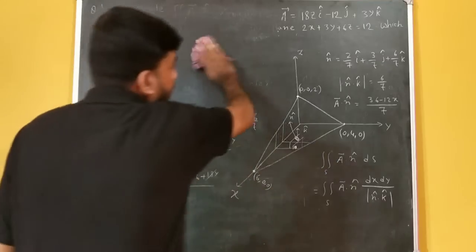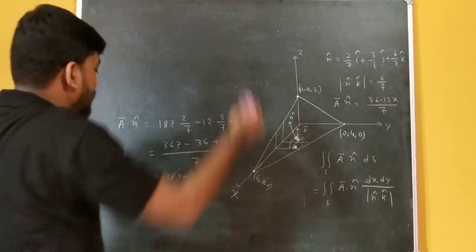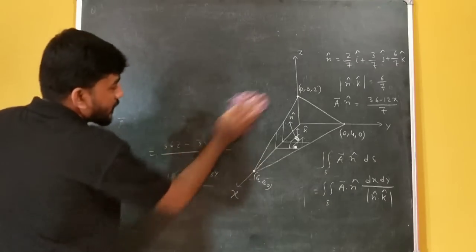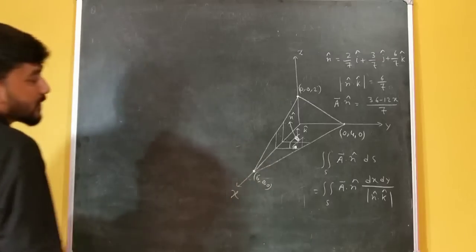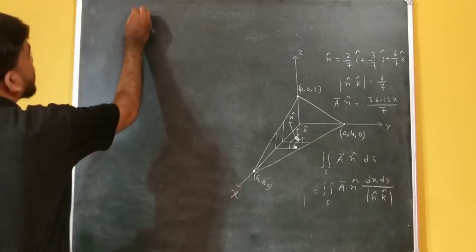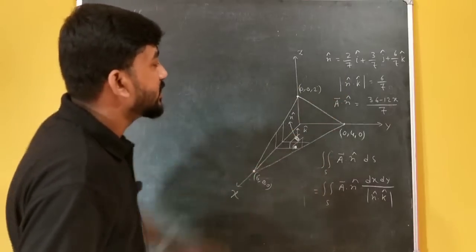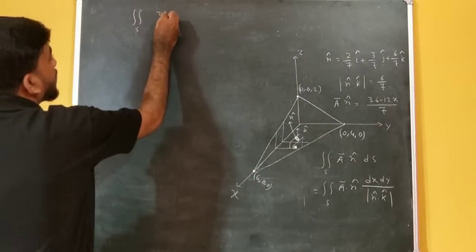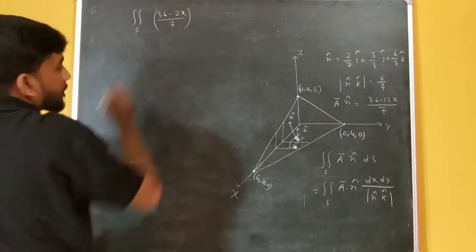So now these are not needed actually. So now what we want to do, just we have to do this integration. So it will be surface integration. Now put first a dot n. So a dot n is this 36 minus 2x divided by 7.